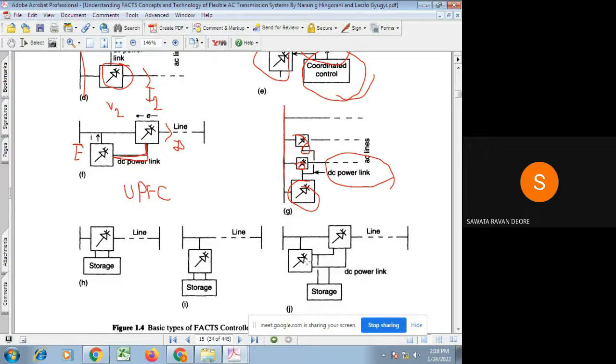So rather than a single series controller, there are two series controllers on the transmission lines connected to that particular bus bar. So this is an example of a series shunt controller. Hope you understand.